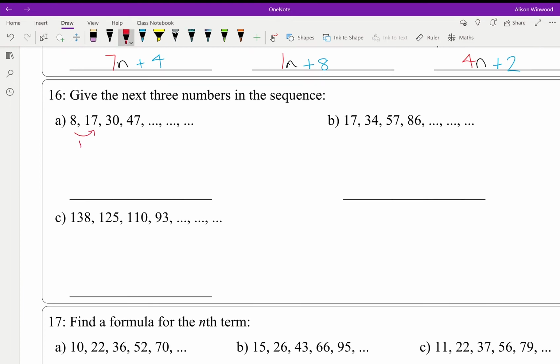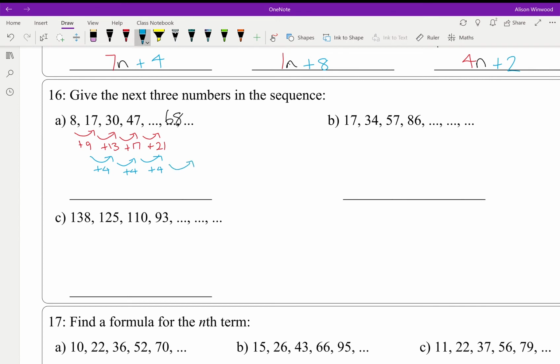This sequence goes up by 9, then 13, then 17. These are going up by 4 each time. So if I add another 4, 17 add 4 is 21. If I add 21 to 47, I get 68.